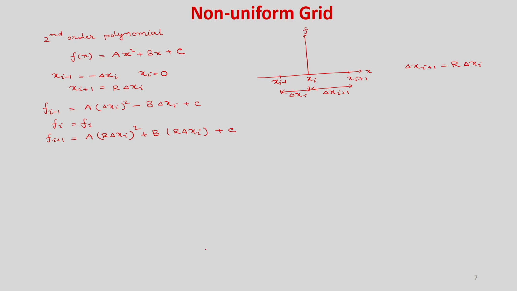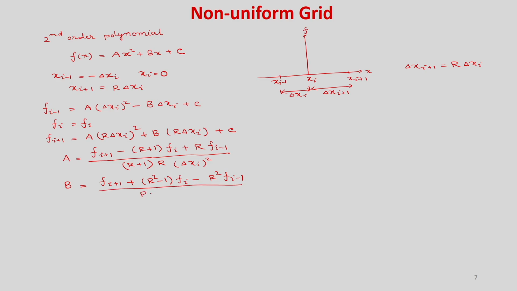So, we are using this second order polynomial. Now, you find the constants a, b, c. If you find them, you will get a equal to [f_{i+1} minus (r plus 1) f_i plus r f_{i-1}] divided by (r plus 1) into r into delta x_i square. b you can find as [f_{i+1} plus (r square minus 1) f_i minus r square f_{i-1}] divided by r into (r plus 1) into delta x_i.